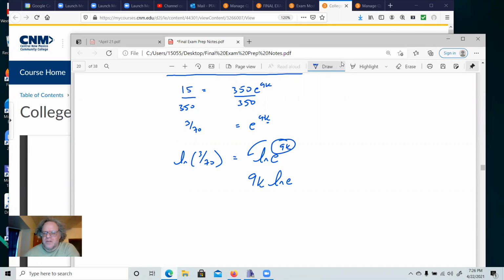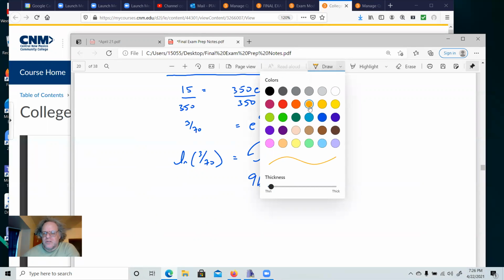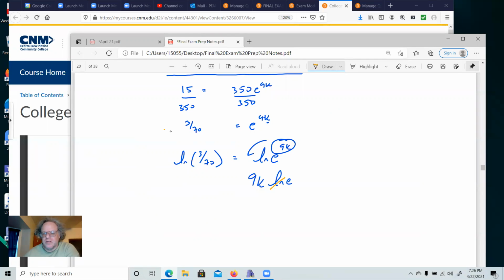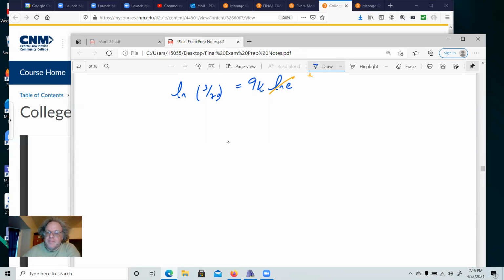You know that the natural log of e is 1, so we can put in a 1. And we still have this equal to ln 3/70ths. Solving for k, we divide both sides by 9, or multiply by 1/9, which means the same thing. So we have 1 over 9 ln 3/70 is equal to k.